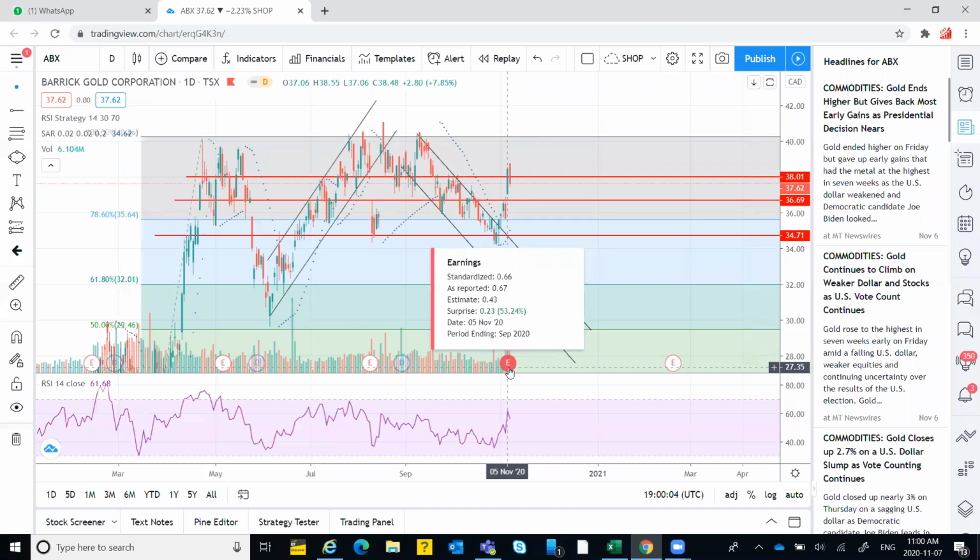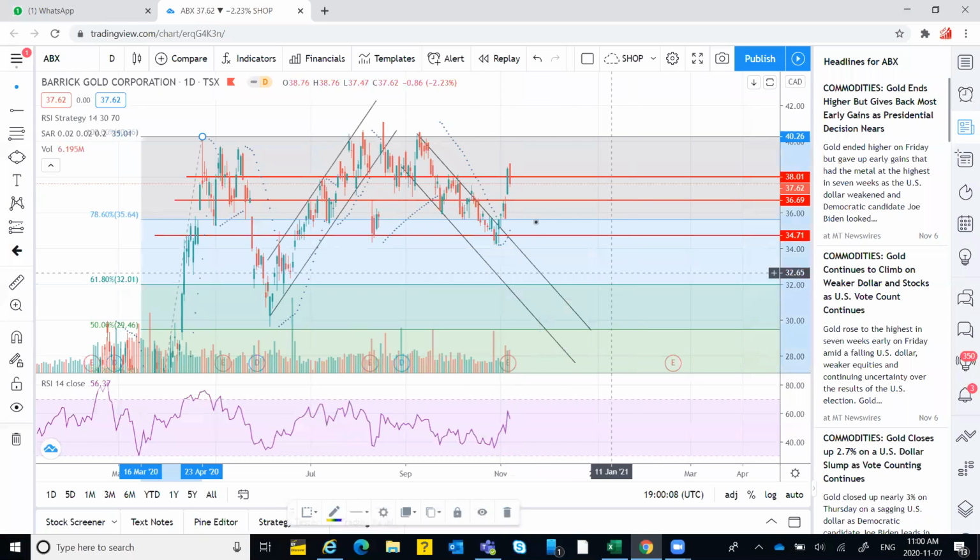The earnings were positive, a positive surprise. Earnings came on 5th of November, and because of the earnings it rose up, and the next day there was selling pressure. It started falling because of selling from the previous buyers in the last sessions.